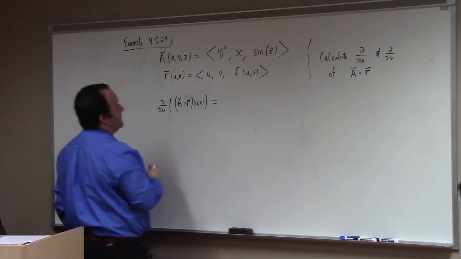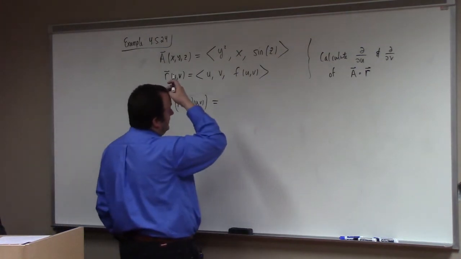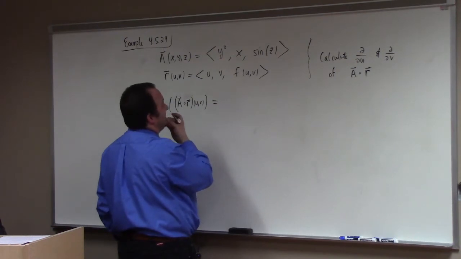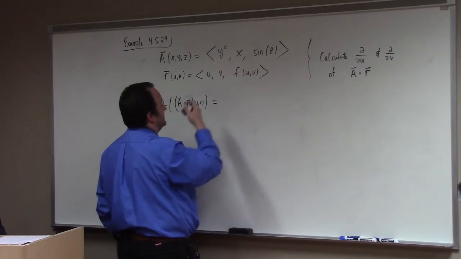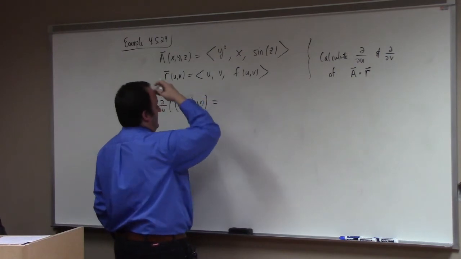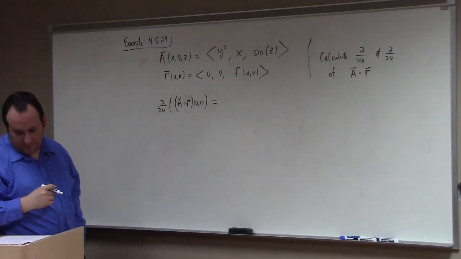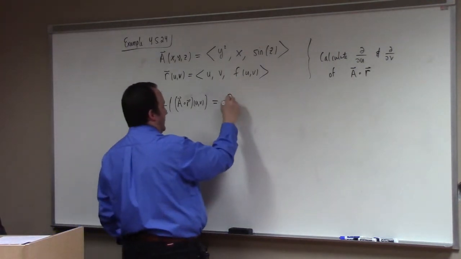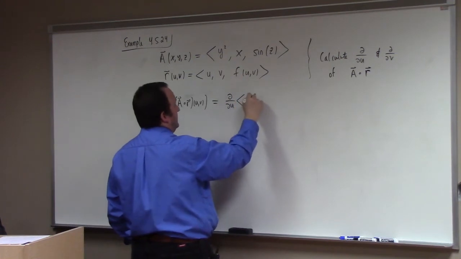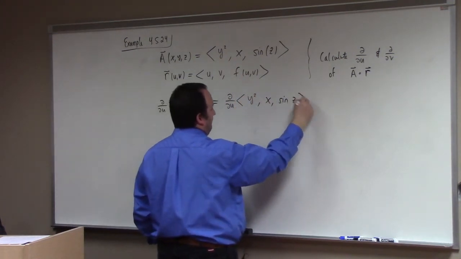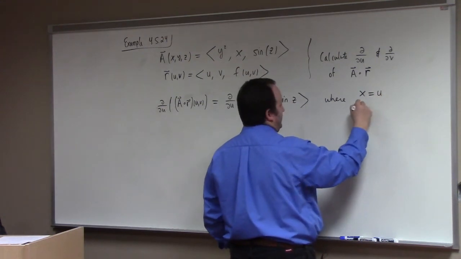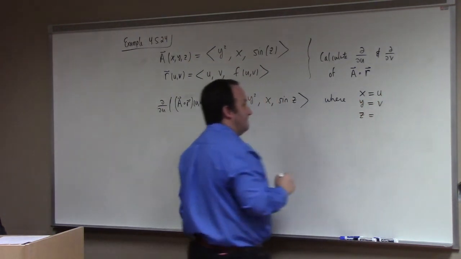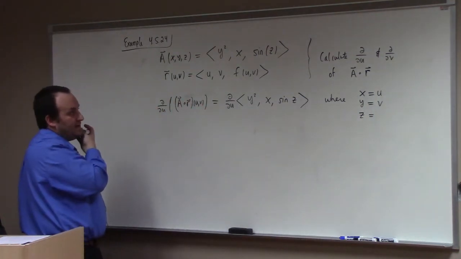How does that work? So that's partial u of y squared, x, and sine z, where x is equal to u, where y is equal to v, and where z is equal to f of u, v.